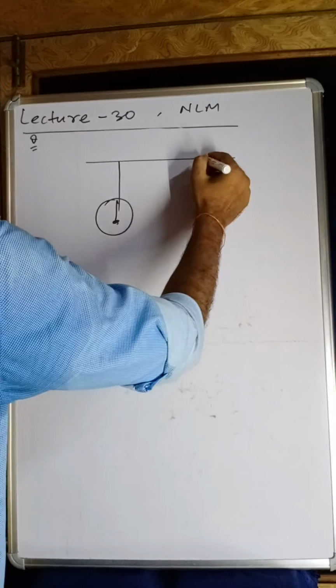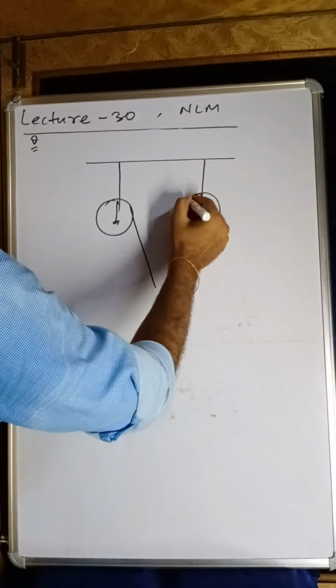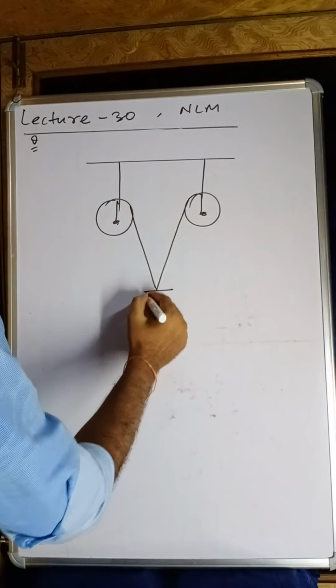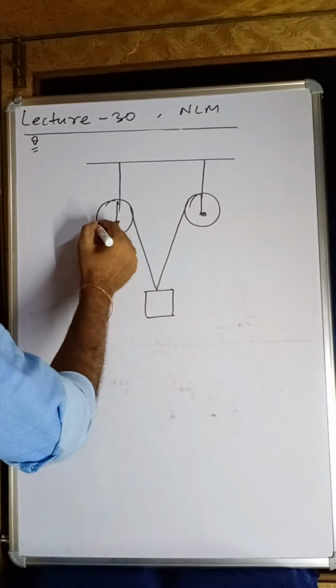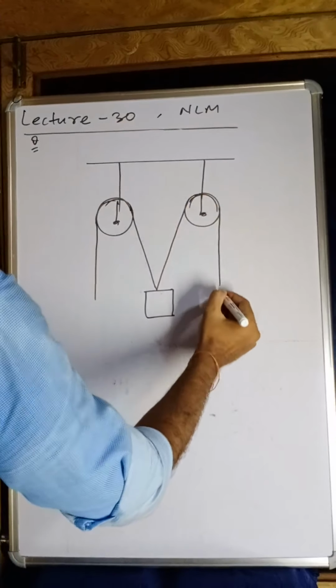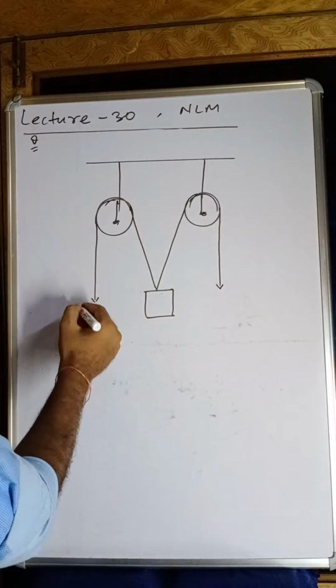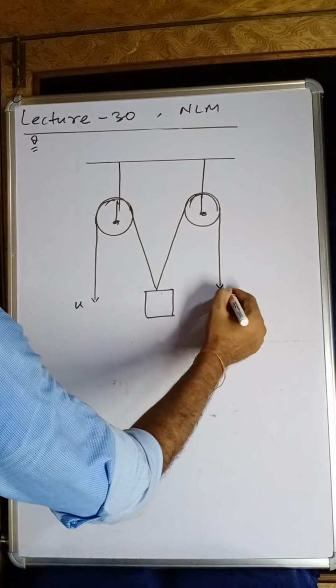This is the pulley, another pulley, a block, it is tied here. The two strings are pulled simultaneously with velocity u.